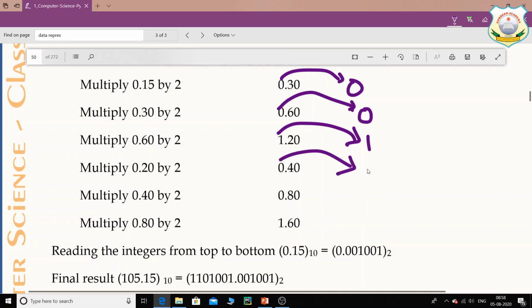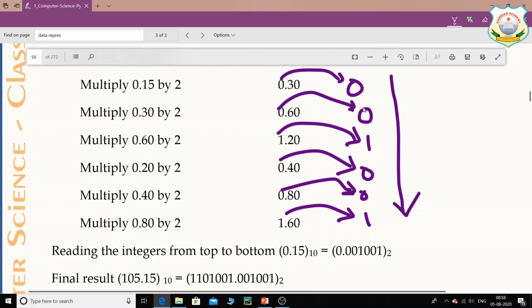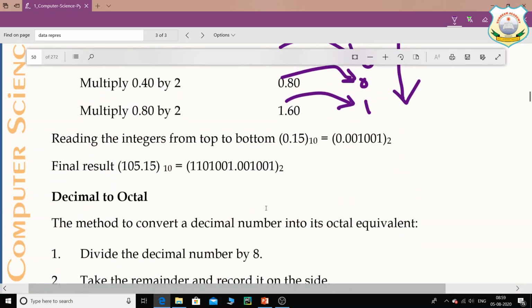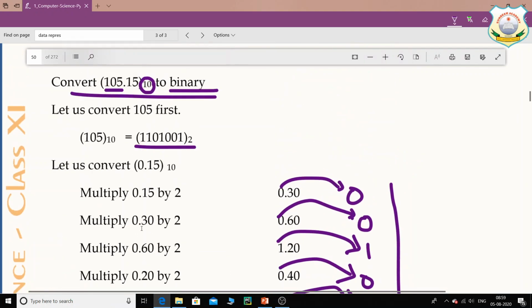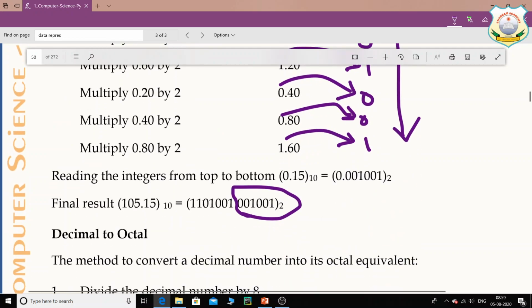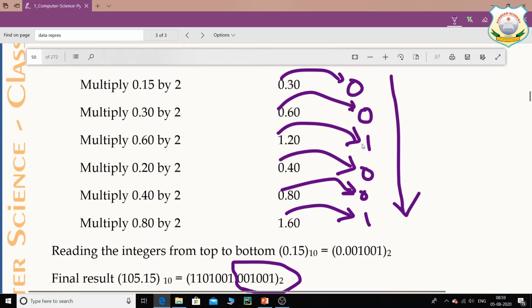So these are the numbers I am going to collect from here, and the final answer is, top to bottom, 001001. So you can see over here the fractional number that I have set. Okay, right? And this is the same procedure for 105. We already had this answer, so that answer, dot, and then the fractional part.